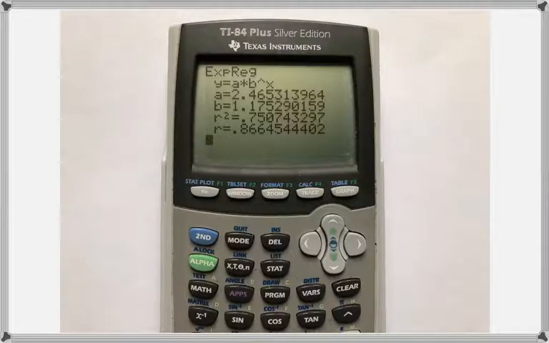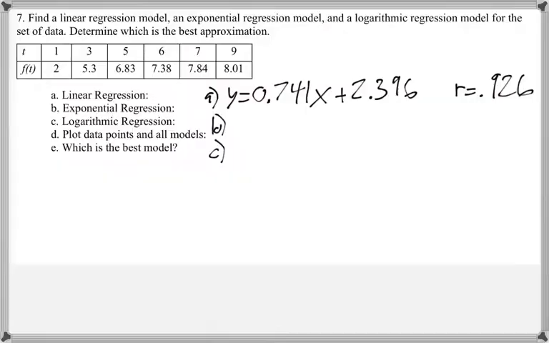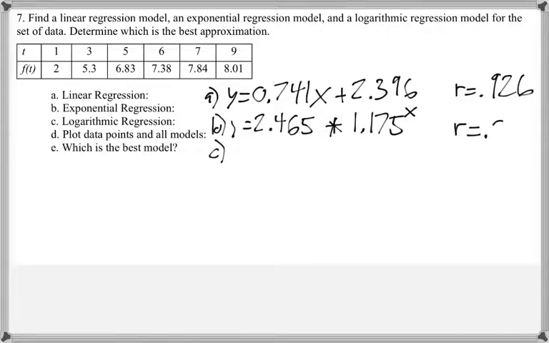So I want to go back to the main slide and record that. And my R value is 0.866.